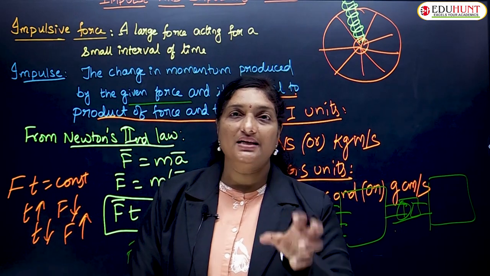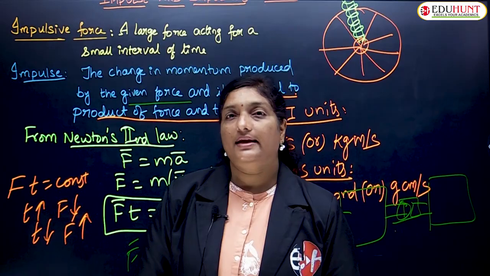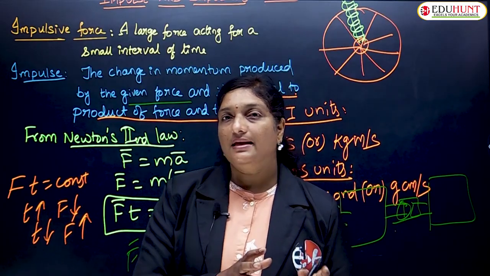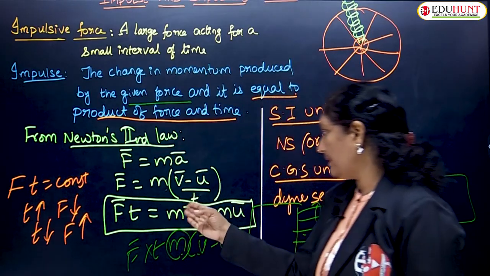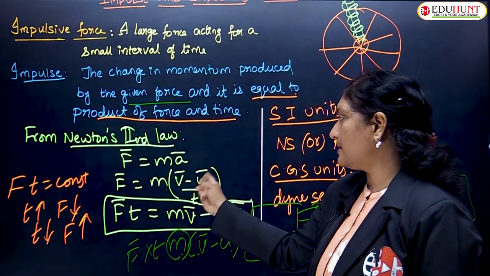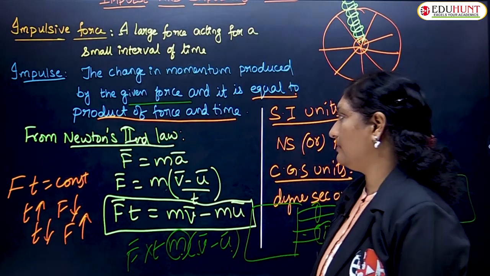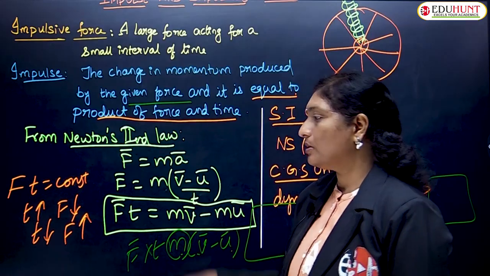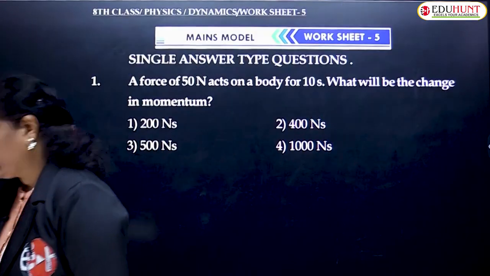And it is easier to catch a tennis ball than a cricket ball because of the lesser mass of the tennis ball and larger mass of the cricket ball. In this formula m into (v minus u), Ft, where mass is larger, you have more impulsive force. So based on these examples, let us try to solve the numericals.